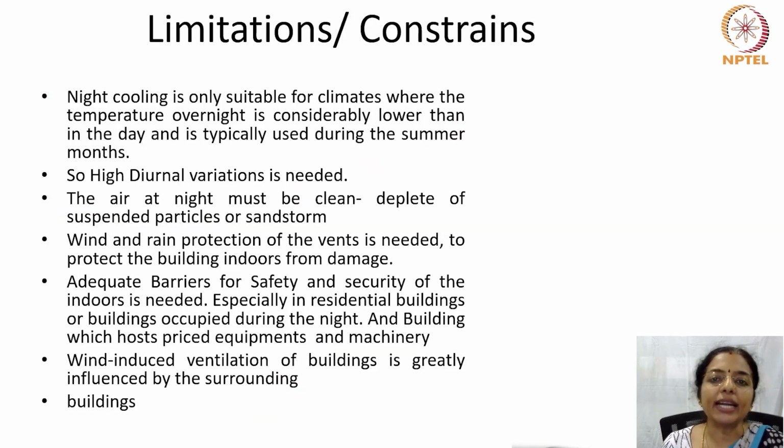Now let us look at the limitations and constraints. Night cooling is only suitable for climates where the temperature overnight is considerably lower than in the day. So night cooling is effective only when the overnight temperature is considerably lower than in the day and is typically used during summer months, which means, what does it mean?